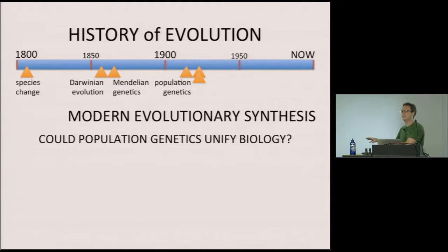You had paleontologists looking at fossils. But none of them were really trying to coordinate their efforts to come up with an explanatory theory, something that could explain both paleontology and Mendelian genetics and population frequencies all at the same time. And so the idea arose that we could use population genetics as a framework to unify all of these different fields.